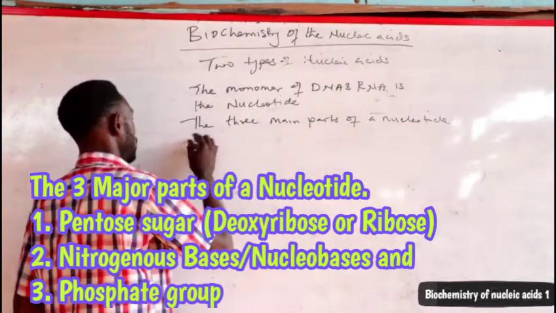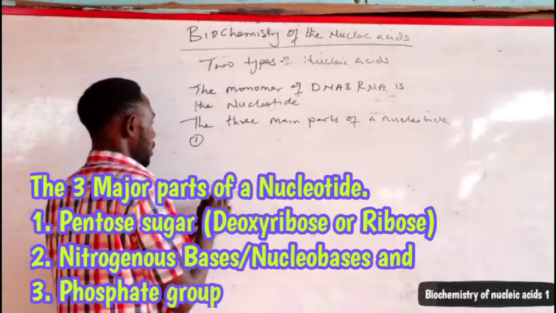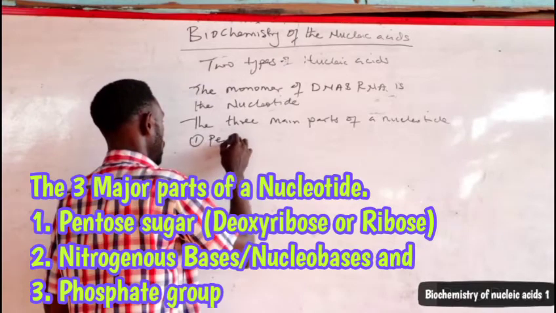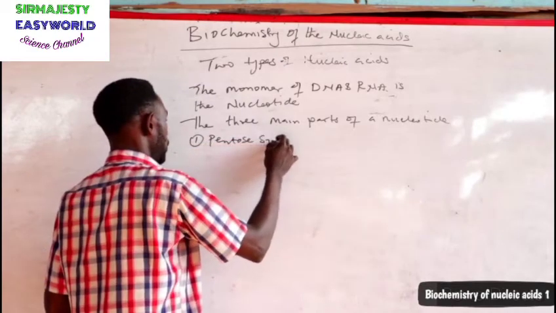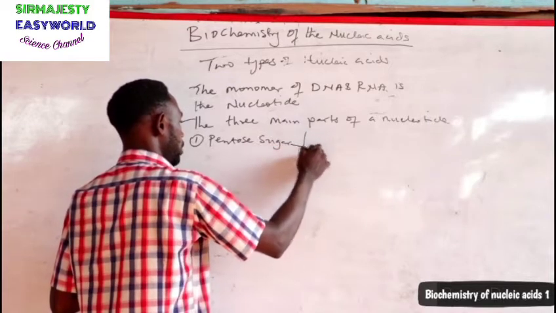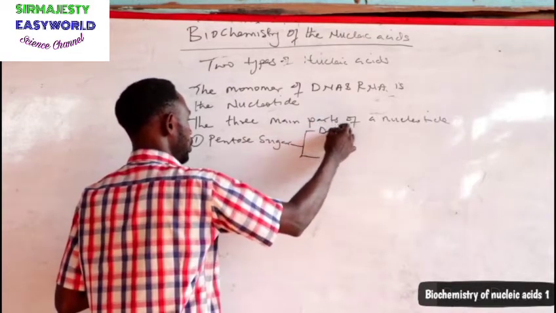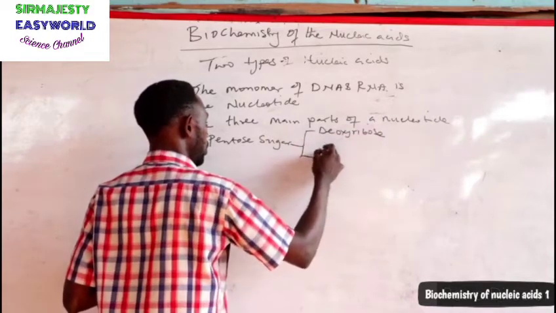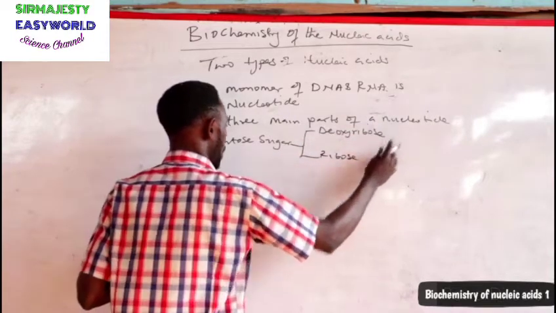They are: 1. A given nucleotide must have a pentose sugar, which I explained earlier, which can be deoxyribose or ribose sugar.